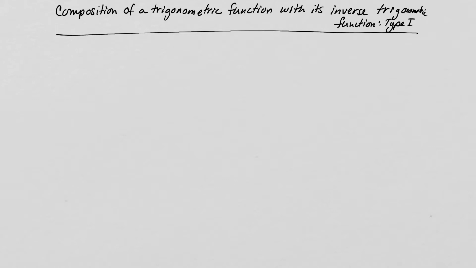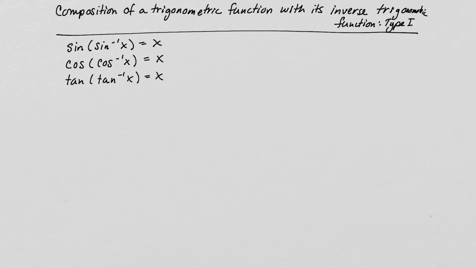So that means the sine of the inverse sine of x is equal to x. The cosine of the cosine inverse of x is equal to x. The tangent of the tangent inverse of x is equal to x.